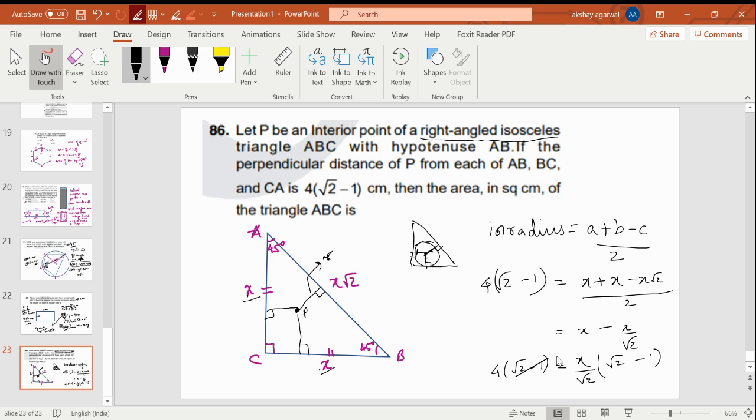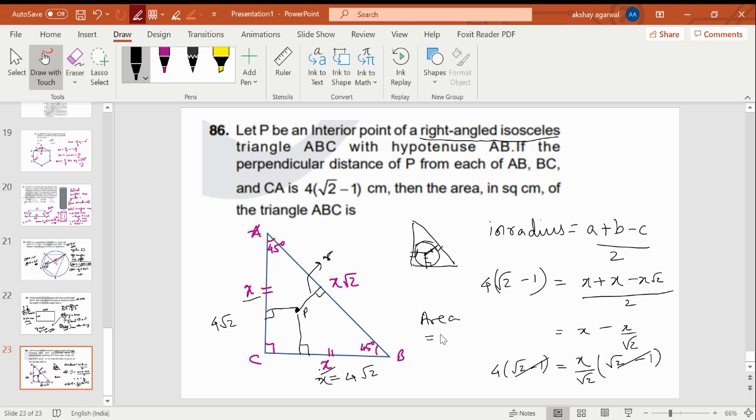The root 2 minus 1 from both the sides gets cancelled, and we get x is equal to 4 into root 2. So if x is 4 root 2, this x is also 4 root 2.